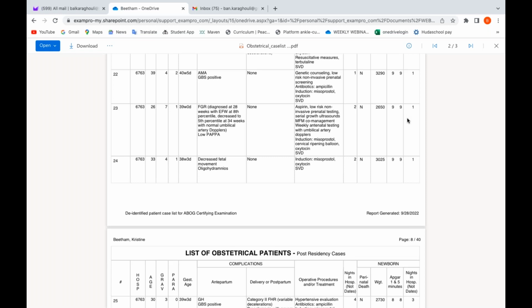Wouldn't you deliver them earlier than that if they have IUGR? With IUGR with normal Dopplers, if they're above the 3rd percentile, I believe you can deliver as this patient was, at 38 to 39 weeks.